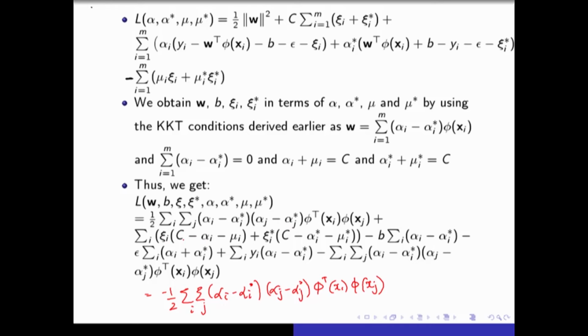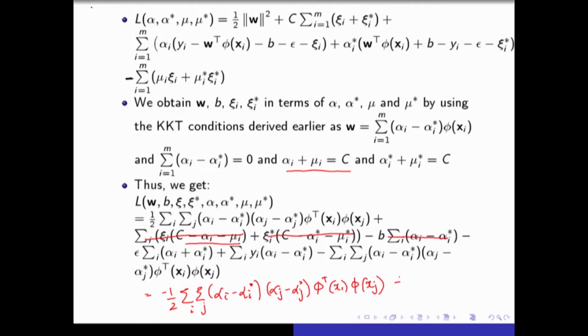Additionally, as pointed out earlier, the terms involving xi i's would vanish because alpha i plus mu i equals C, and what we have here is C minus alpha i minus mu i. This whole thing should just vanish. Similarly, the terms involving xi i star should vanish. The term involving b has a summation of alpha i minus alpha i star, which should vanish. So what we'll be left with are the terms involving epsilon, yi's and the dot products.